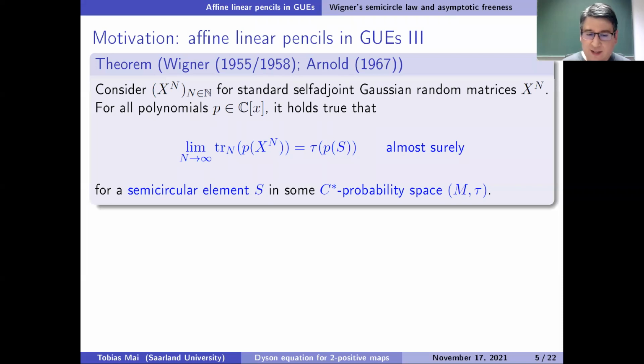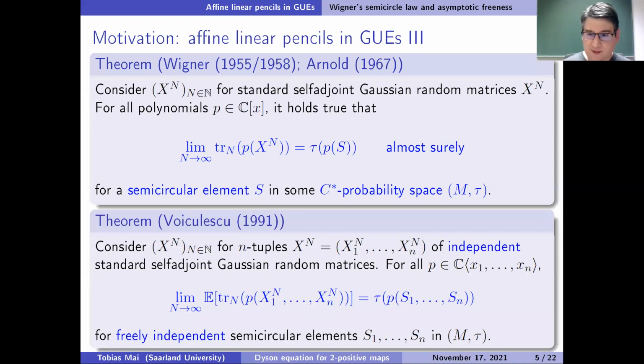Okay, why did I do that? The point is that with this formulation, one can actually go to the multivariate case, and one can state the famous result of Voiculescu on asymptotic freeness of the self-adjoint Gaussian random matrices. And it says that if now I'm taking n tuples of independent standard self-adjoint Gaussian random matrices, as we did at the beginning in our case, then the same result remains true, but with polynomials replaced by non-commutative polynomials.